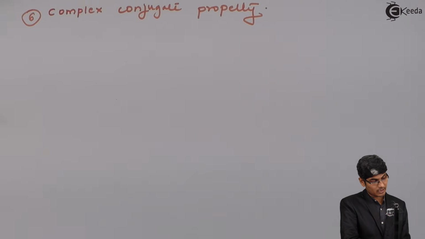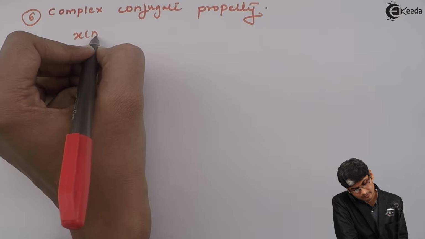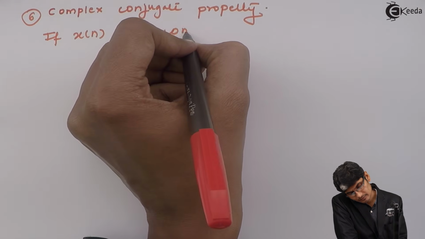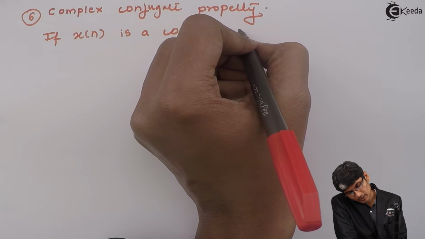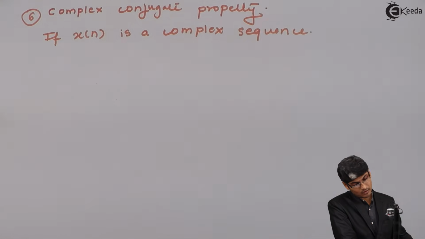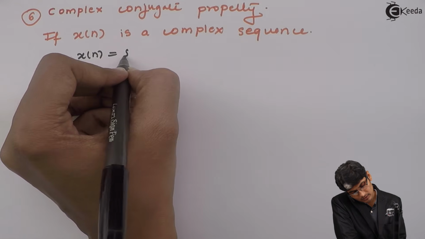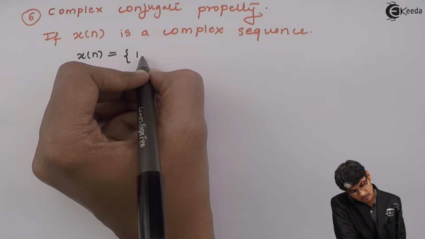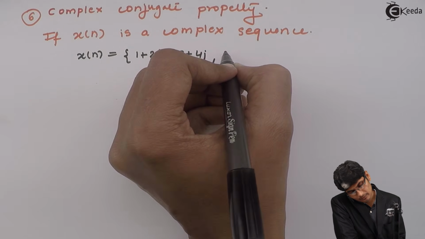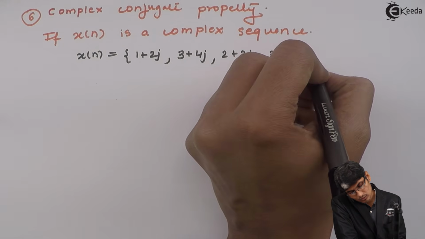The complex conjugate property says that if I have x of n as a complex sequence, for example x of n equals 1 plus 2j, 3 plus 4j, 2 plus 2j, 3 minus 4j.